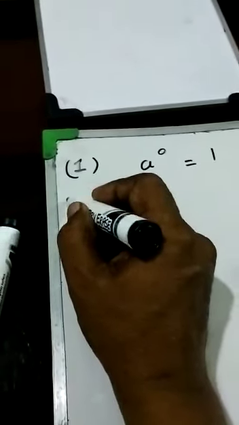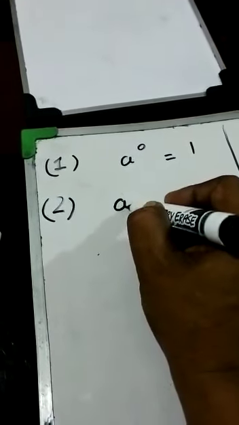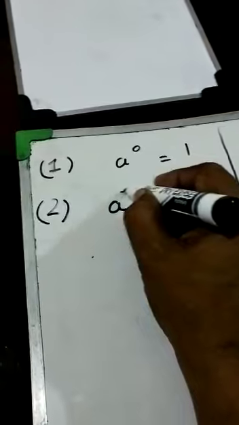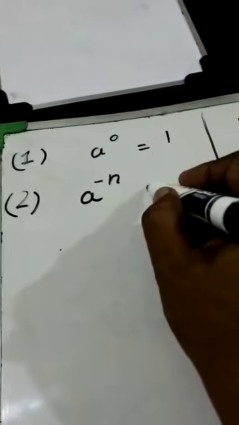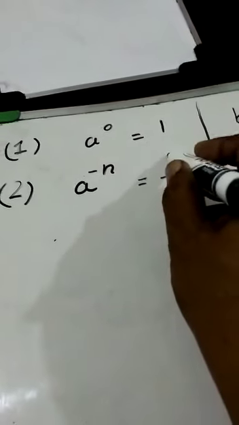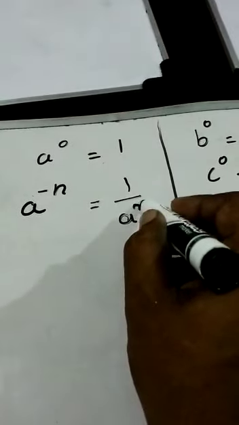Now the second concept is about the negative power. Okay, so if it is a^(-n), it means it is 1 upon a^n.